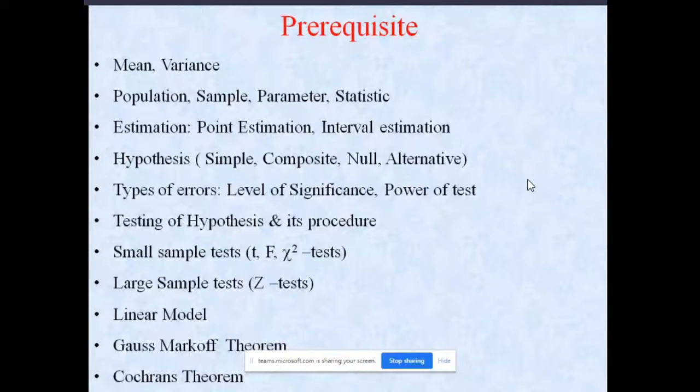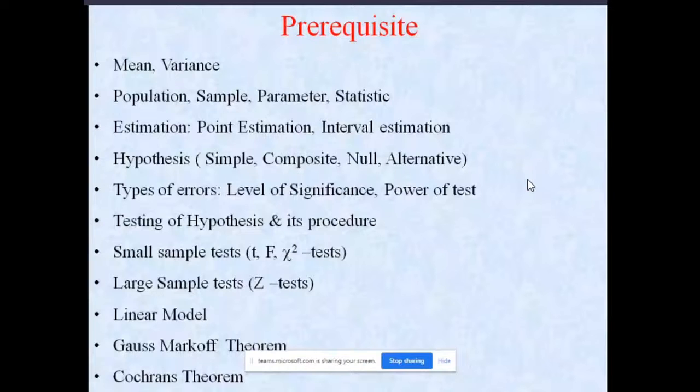Any statement or proposition; proposition means something we can classify as either true or false. This statement must be on the population or on its probability distribution or on its parameters. Such a statement or proposition is generally called a statistical hypothesis.